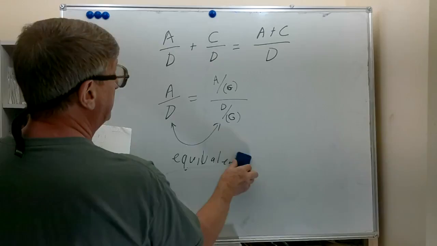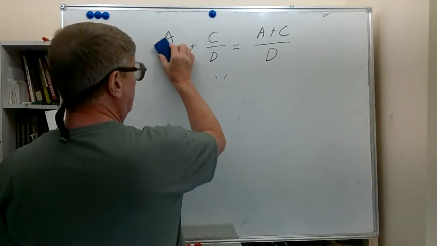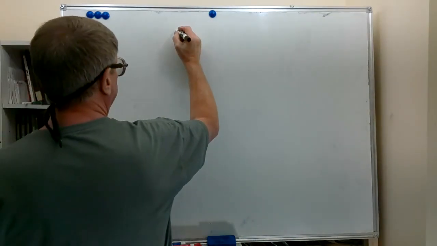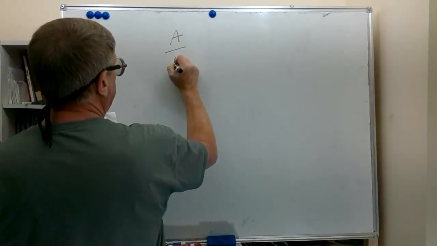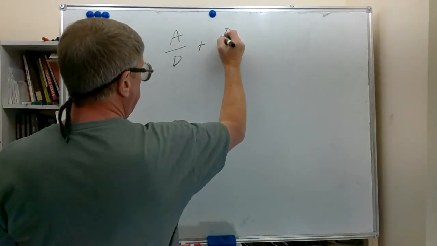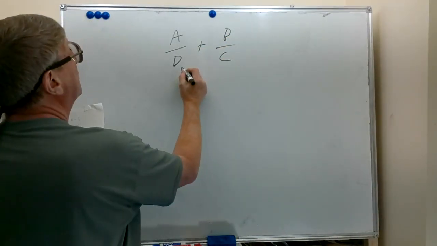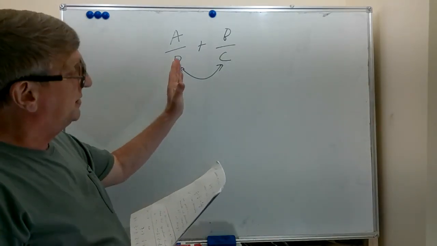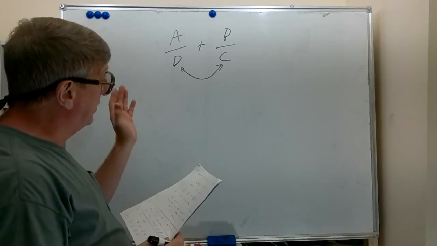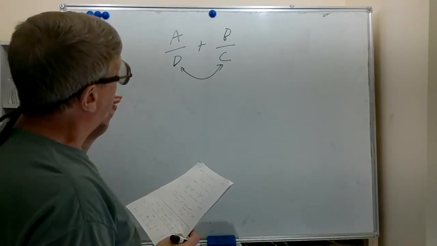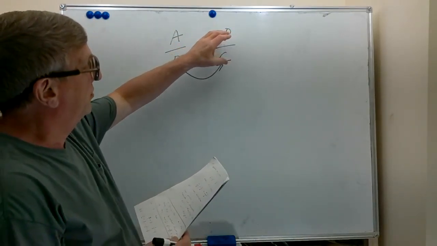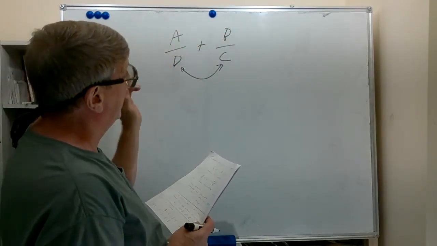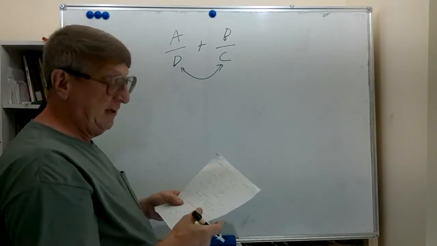So when the denominators of the two fractions that we wish to add together are not the same, say we had a over d plus b over c, we have to do operations to one or the other of these fractions, possibly to both of them, to get an equivalent fraction to a over d and an equivalent fraction to b over c that end up having the same denominator.